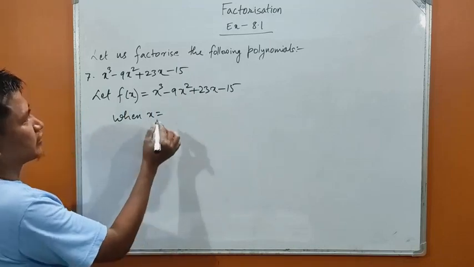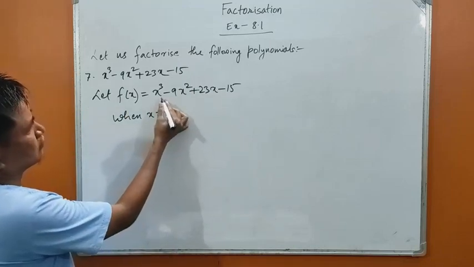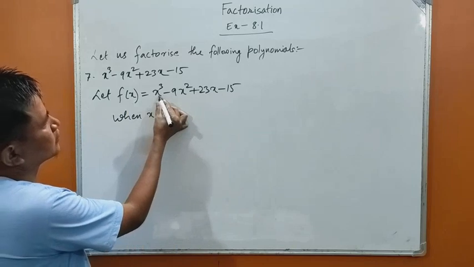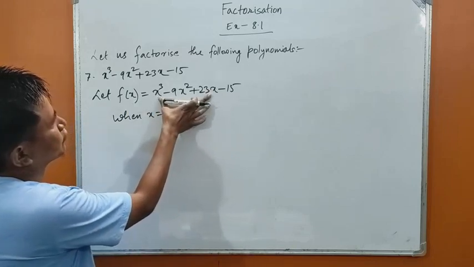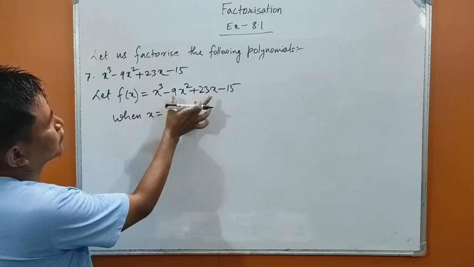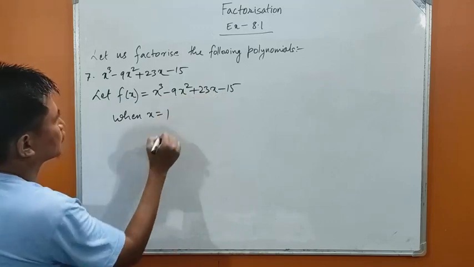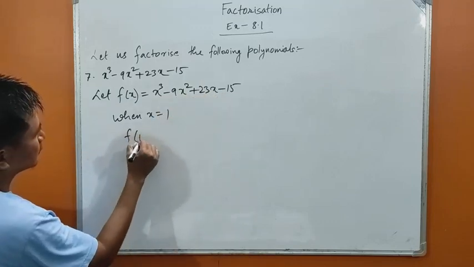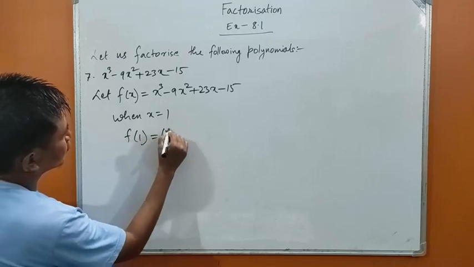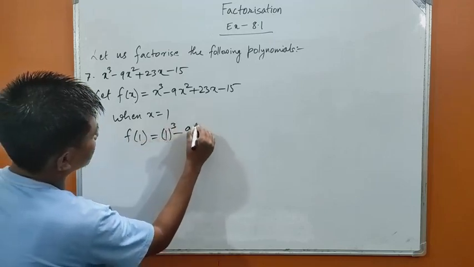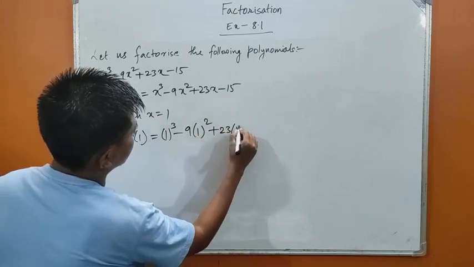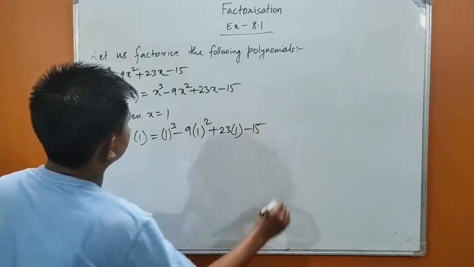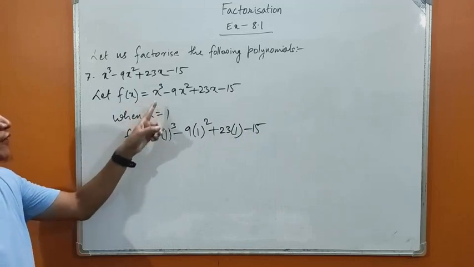Okay, now let us suppose x equals 1. When x equals 1, f(1) equals 1 cube minus 9 into 1 square plus 23 into 1 minus 15. Instead of x I write 1.